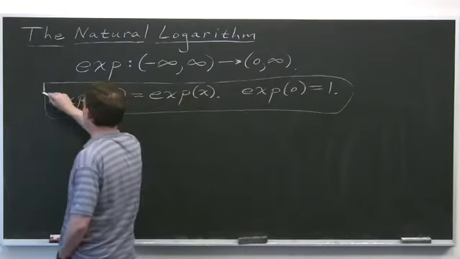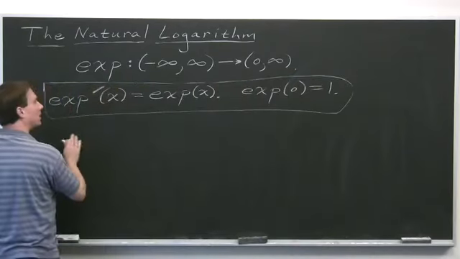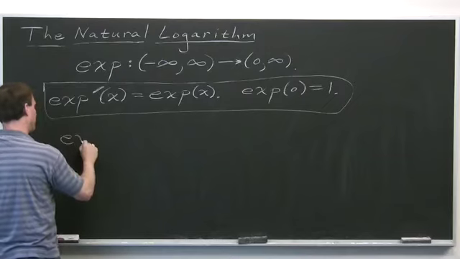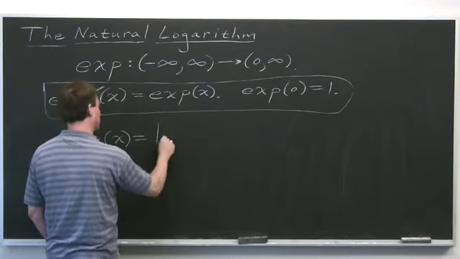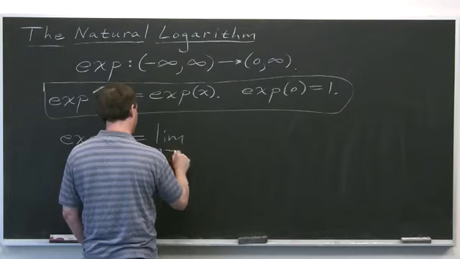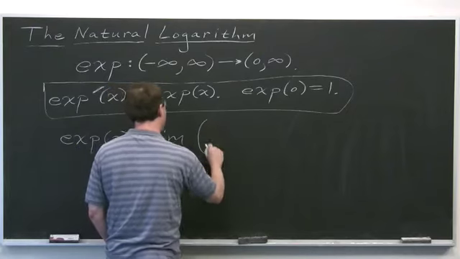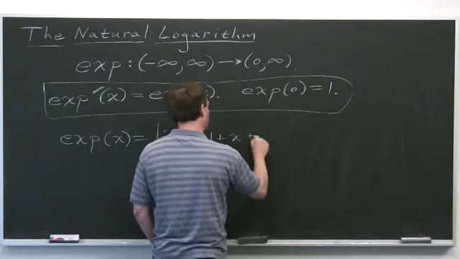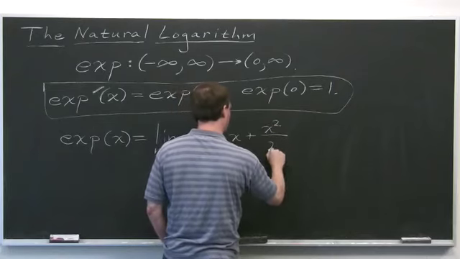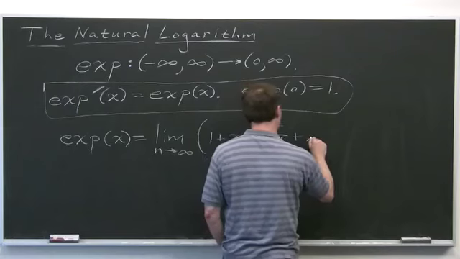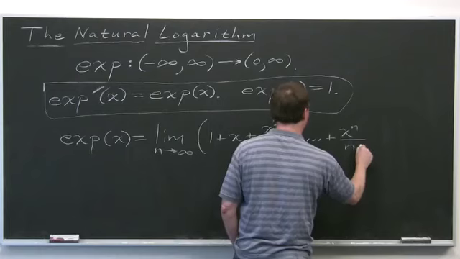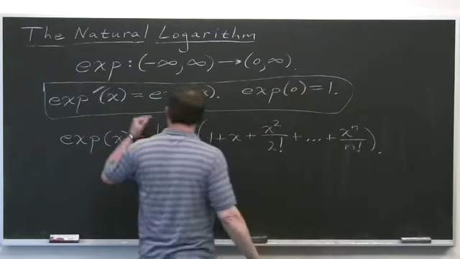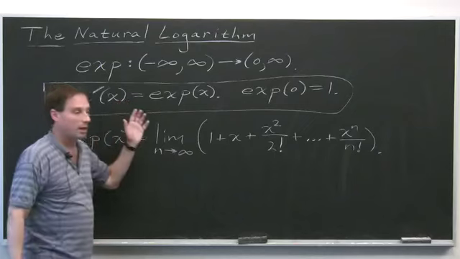We actually define the exponential function as the limit of a collection of polynomials. I won't use this today, but we actually define the exponential function this way. And from this, we derived a bunch of properties, including that exp is its own derivative.